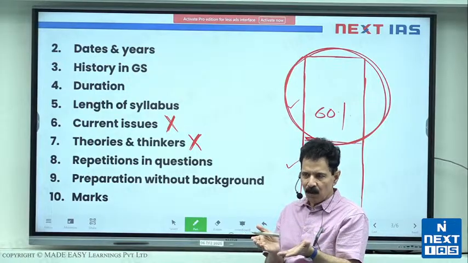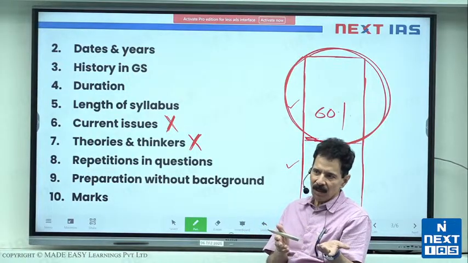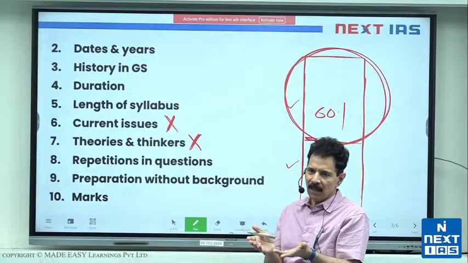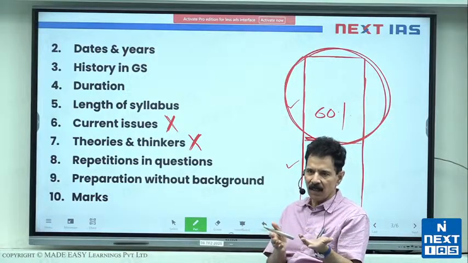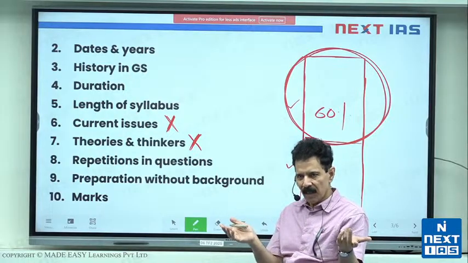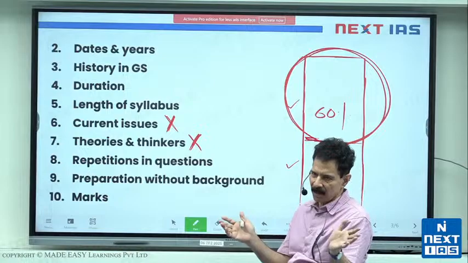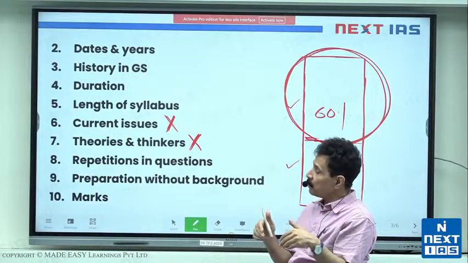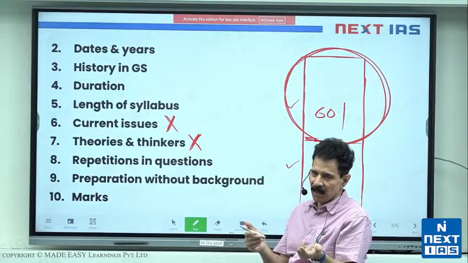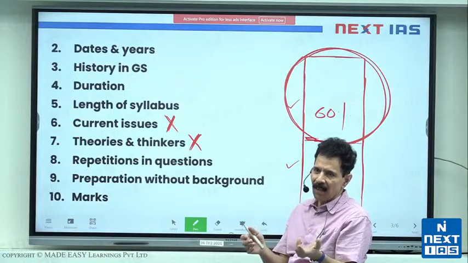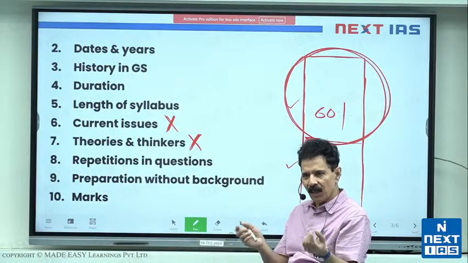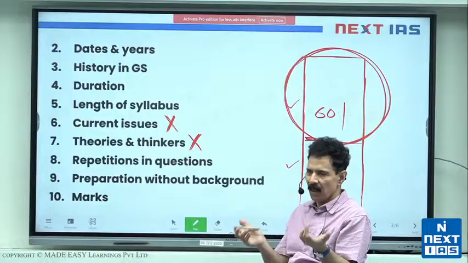This time also, I know in history, there are people who have got 280s, 290s, and there are people who have got 180s and 190s also. The same is applicable to all optional subjects. It is purely your performance. So your performance makes a subject scoring. If you write well, you get high marks. You write poorly, you get poor marks. Anyway.